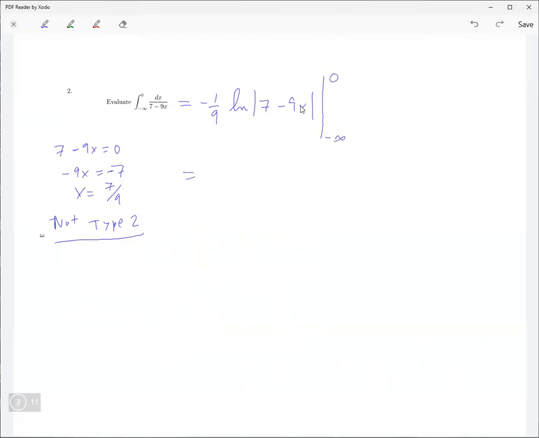If I put a 0 in, then I get -1/9 log of 7. That's putting a 0 in. Minus, and then -1/9. Now I put a negative infinity and I get log of infinity, which is infinity.